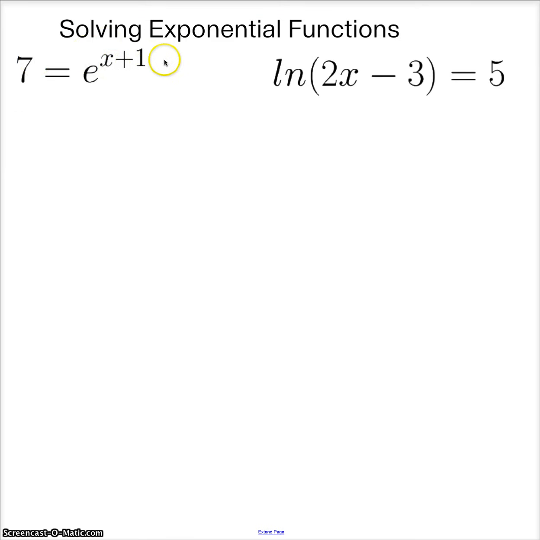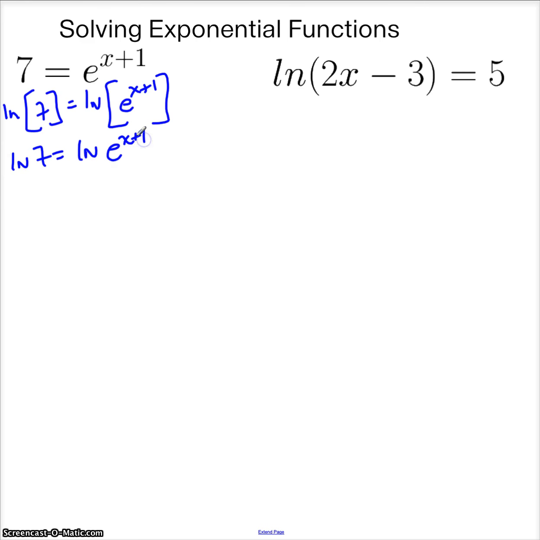So let's look at solving some exponential equations. What do you do when you have something like 7 equals e to the x plus 1? Well, we can apply the log to both sides. So I take the natural log of 7 equals the natural log of e to the x plus 1.